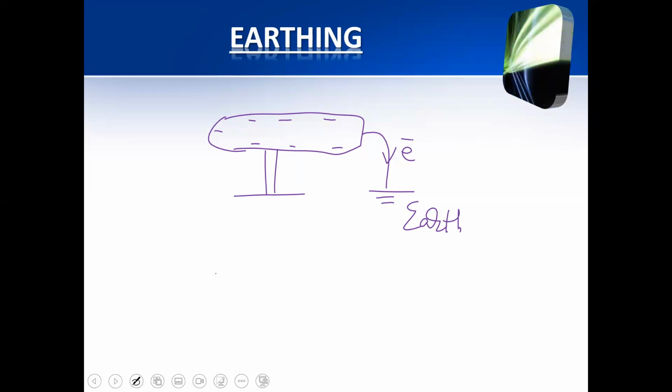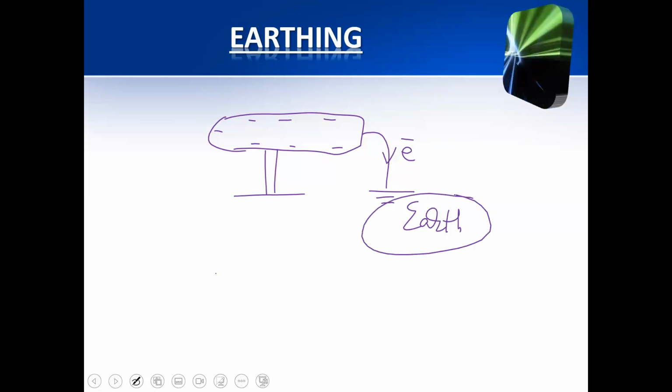Electrons are moving towards the earth. Now you have to see carefully. This process is called earthing. So what is earthing? Earthing is a process in which a charged substance is connected to the earth. What is the result? On earthing, the substance either loses electrons or gains electrons and it becomes neutral.